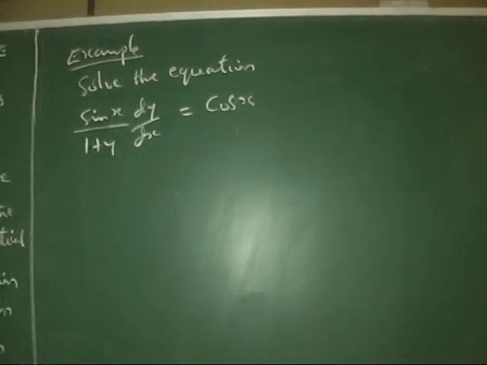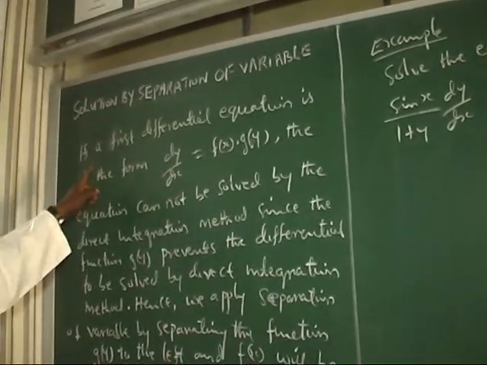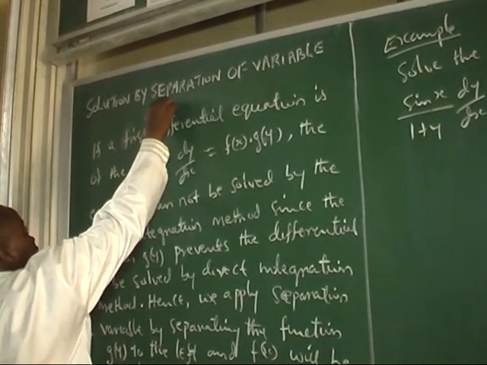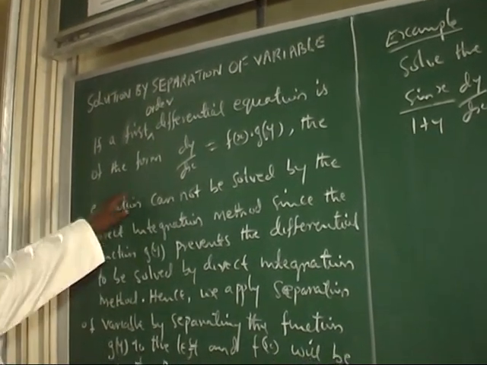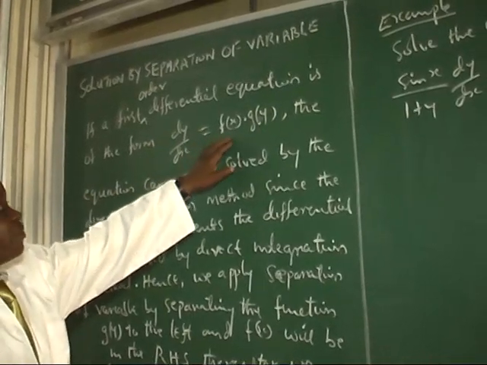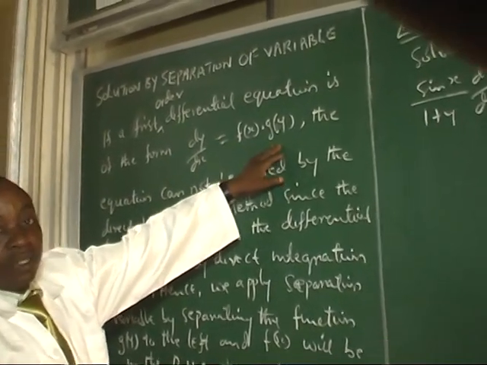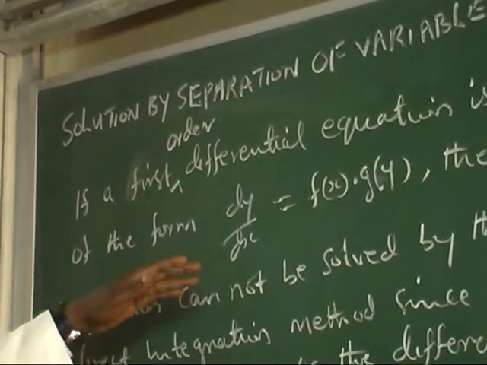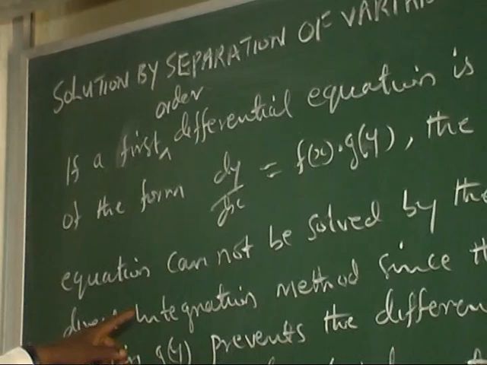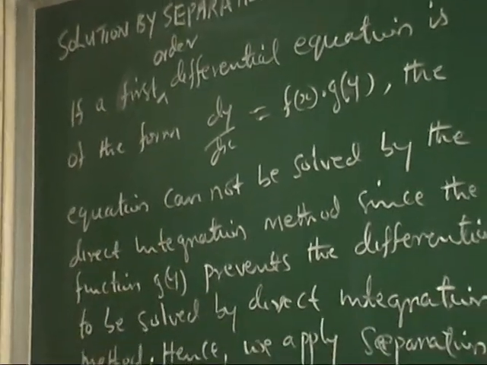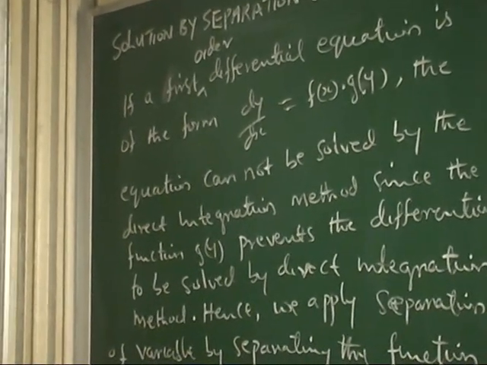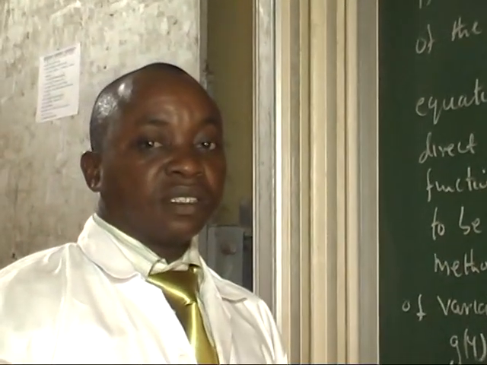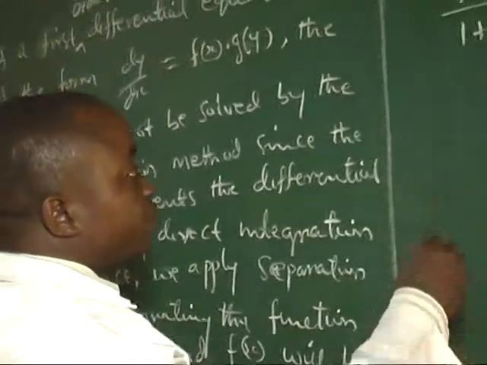That's why we said that if a first order differential equation is of the form dy/dx equal to f of x times g of y, here g of y prevents the equation from being solved by direct integration. So we use the separation of variables technique.